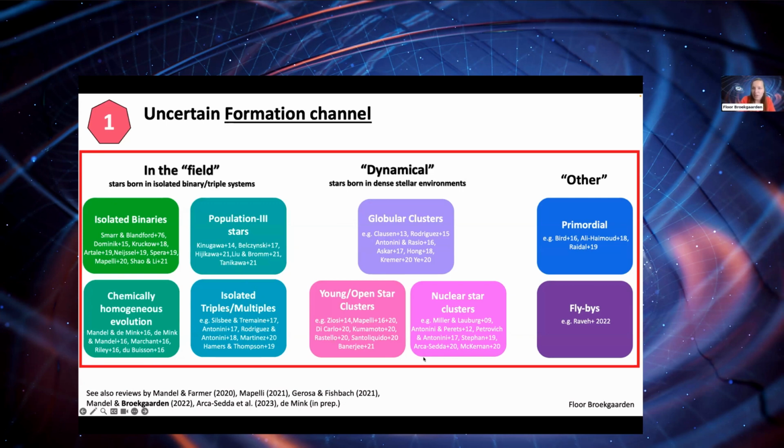On the other hand, there's a second category of channels where, instead of being isolated, a few stars are together in dense stellar environments, such as globular clusters, young or open star clusters, or a nuclear star cluster, say a disk around a supermassive black hole.